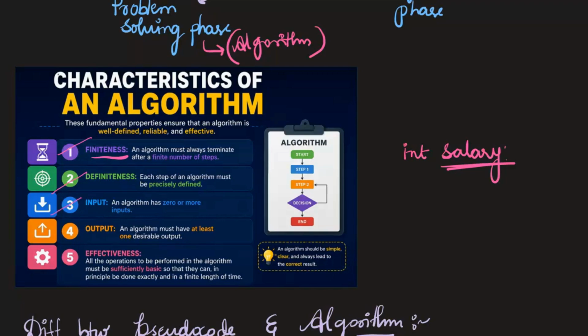Next is the input. An algorithm has 0 or more inputs. When you come to the output, it must have definitely one output, whether you give an input or not, but definitely an algorithm has an output. That's where your problem gets solved. Next is effectiveness.